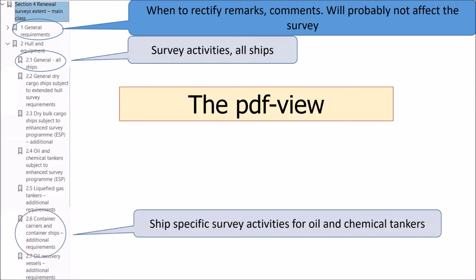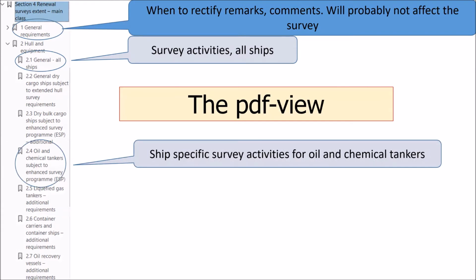So we have an oil tanker, which means we can skip 2.2 and 2.3 and go to 2.4: oil and chemical tankers subject to the enhanced survey program. That's our ship, above 500 gross tons. So these are first the survey activities for all ships, and then the ship-specific survey activities for oil and chemical tankers.